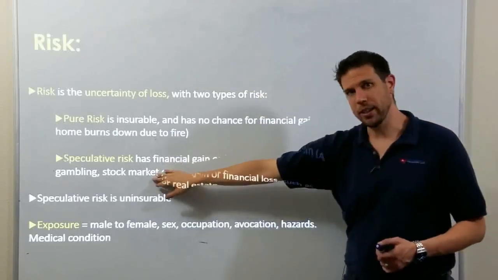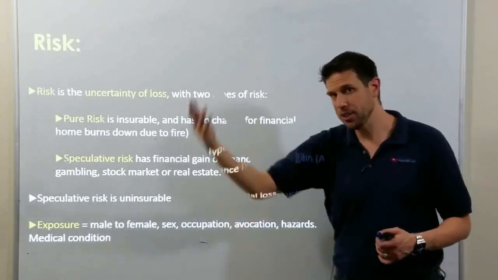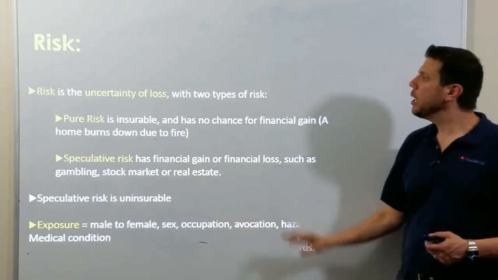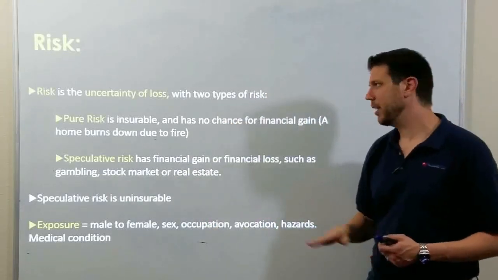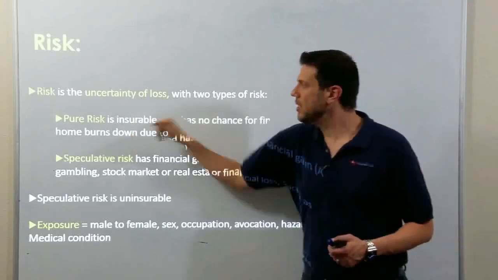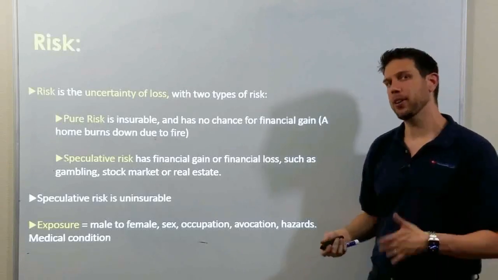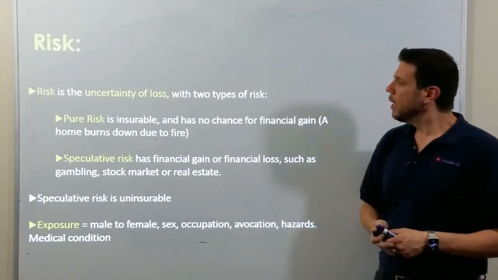That's like gambling or playing in the stock market or real estate values. They change. We cannot insure somebody's gambling losses. Pure risk is insurable. It's when you have no chance for financial gain. If your house burns down, that is a pure risk because you don't actually make money when your house burns down. They just indemnify you back to where you were.